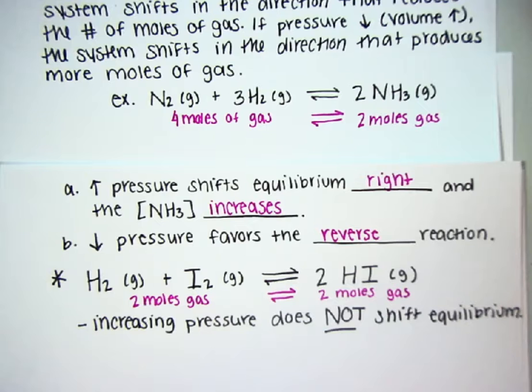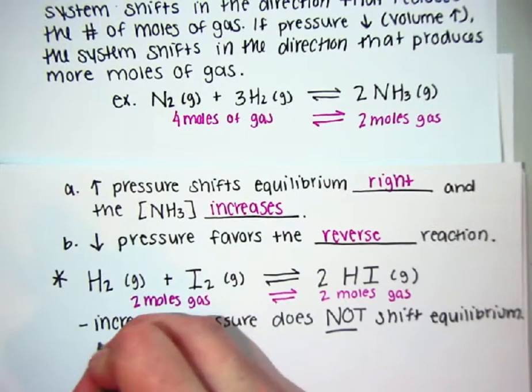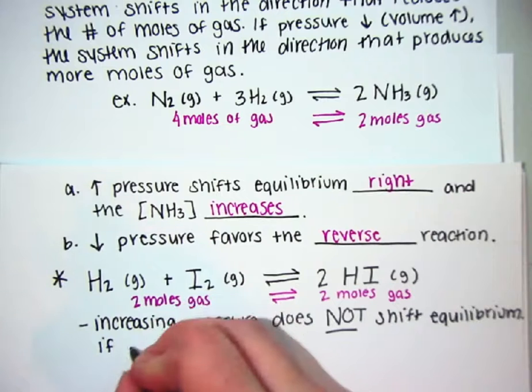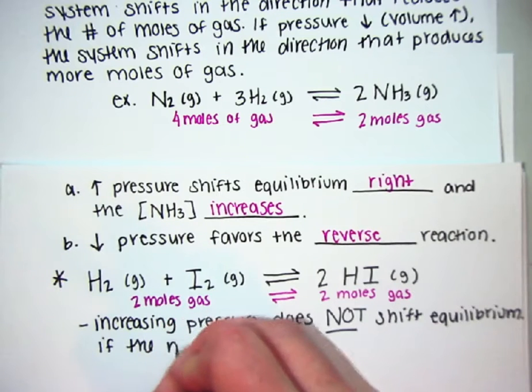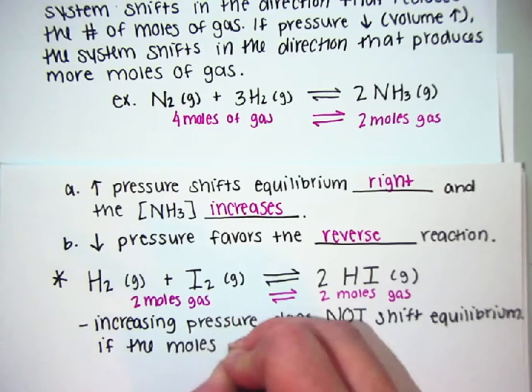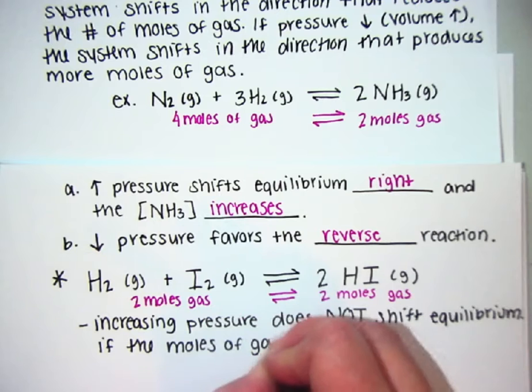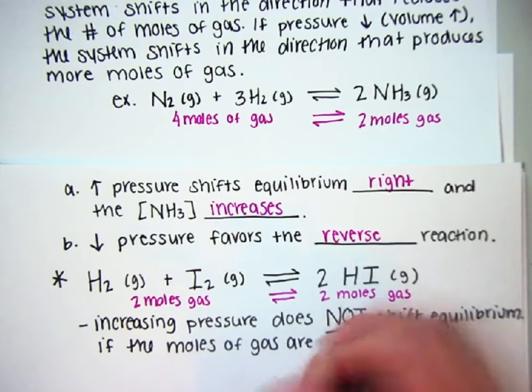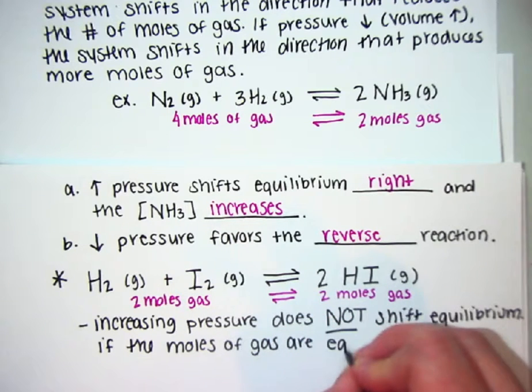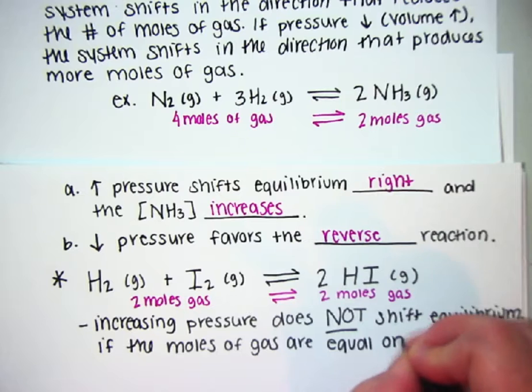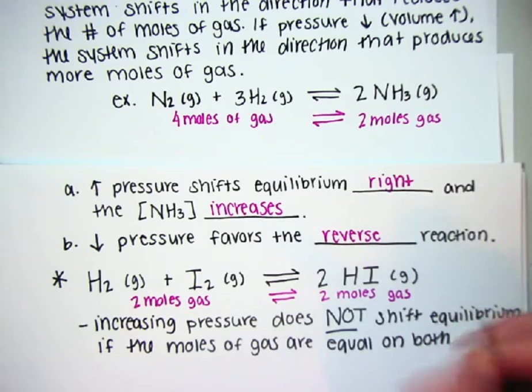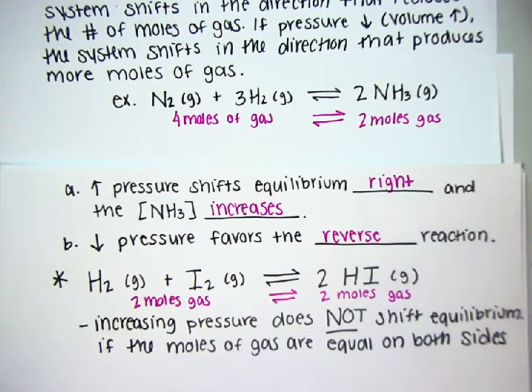So increasing pressure does not shift equilibrium if the moles of gas are equal on both sides. So no shift is a possibility.